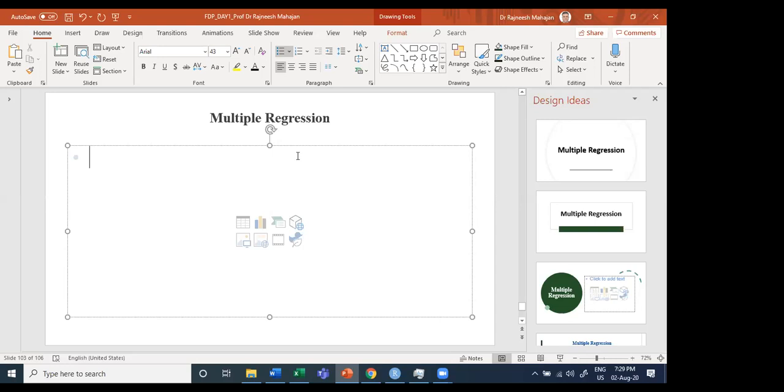So sales is not only driven by advertising budget, but also by selling efforts.